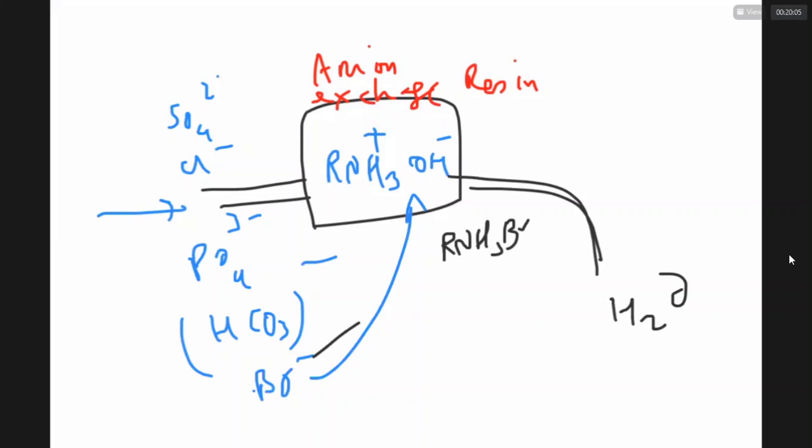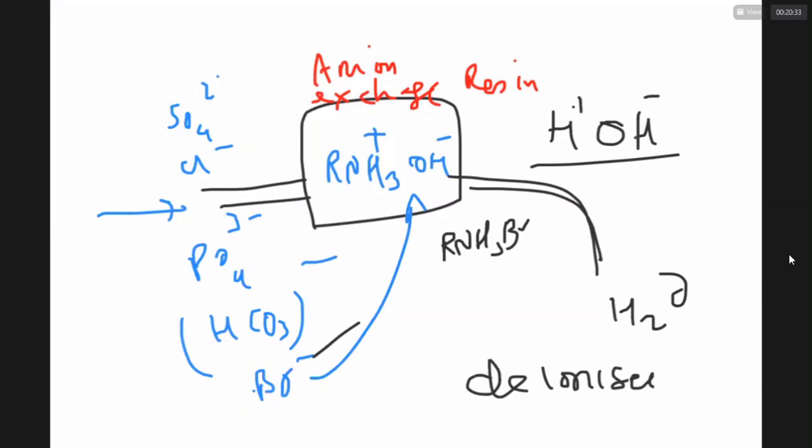In the first cation exchange resin, positive ion is taken, H⁺ is given. In anion exchange resin, any negative ion is taken and OH⁻ ion is given. First case H⁺ is given, second case OH⁻ is given. The H⁺ and OH⁻ together make water. So you get deionized, ultra pure water without any impurities.